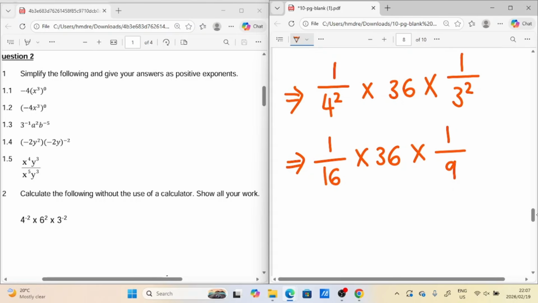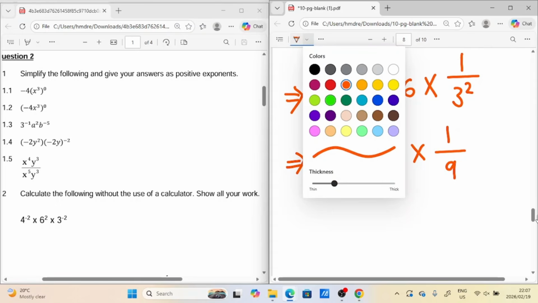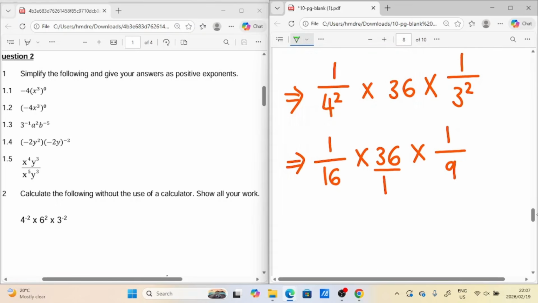So if it's easier, you can write it as 36 over 1. And then we just multiply all these fractions. So 1 times 36 is 36 times 1 is 36. And at the bottom, we've got 16 times 1 is 16 times 9. Let's work that out.